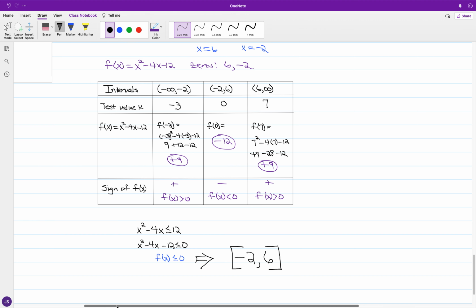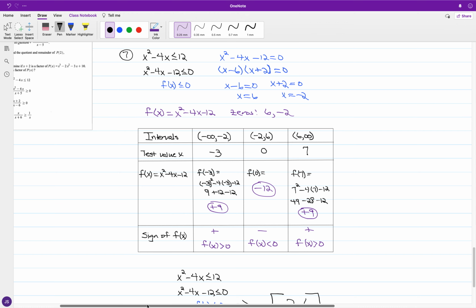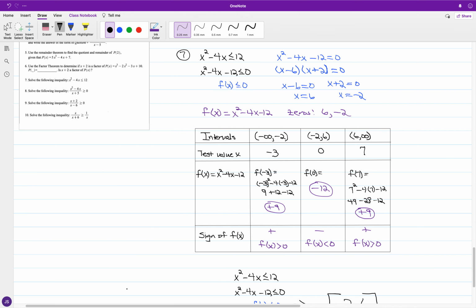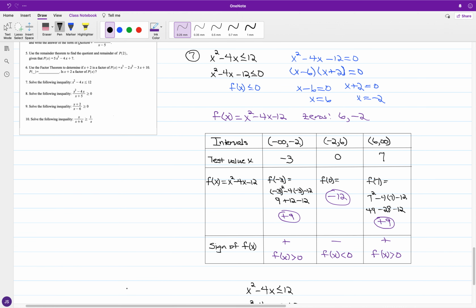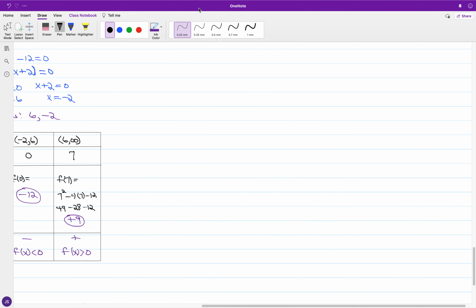And in the case of the next inequality, you have already established a comparison to 0. Here we have x squared minus 4x over x plus 5 is greater than or equal to 0.